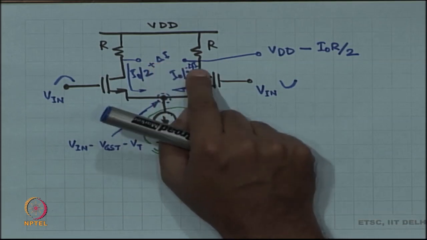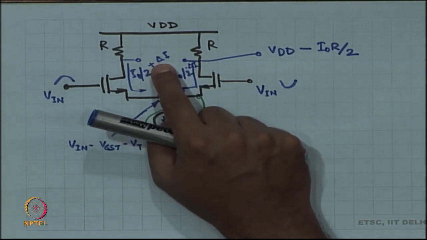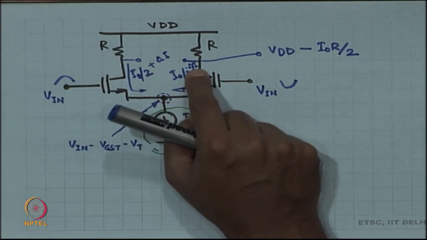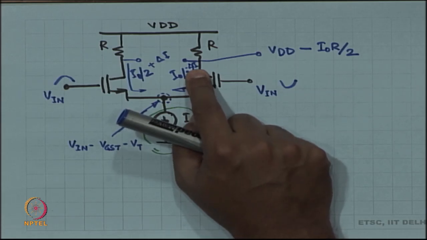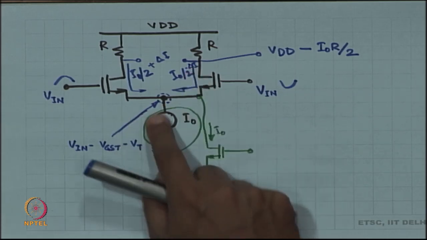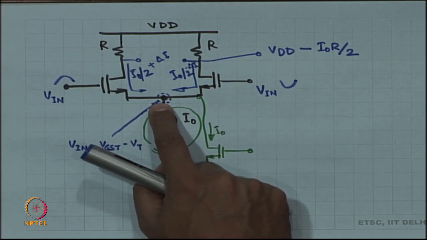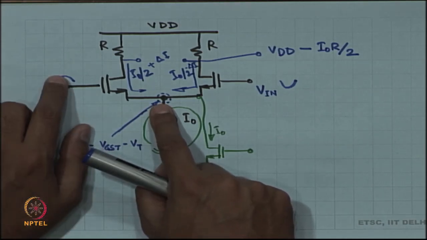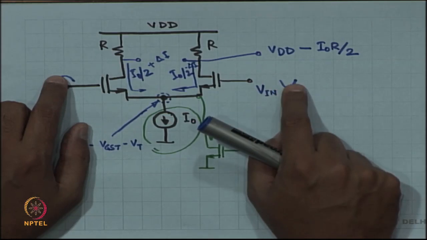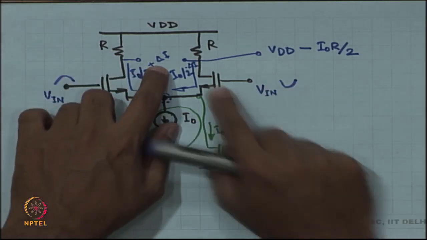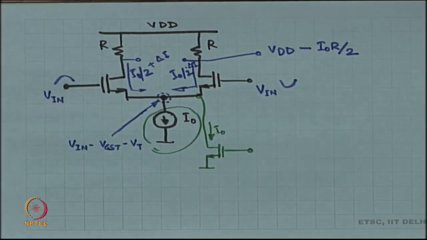Okay. If these two had not been equal, if this was plus delta I and this was not minus delta I, if this was something else, then the voltage here would have to adjust. The voltage here is not guaranteed to be the same, because you went up by some amount, down by equal amount, and you got different changes in the two halves.